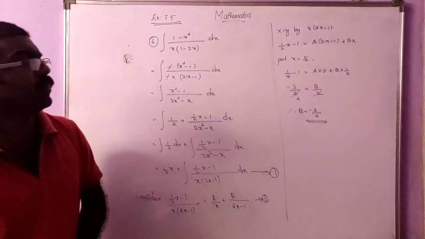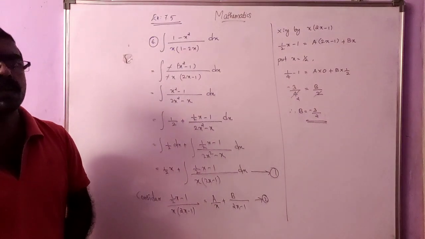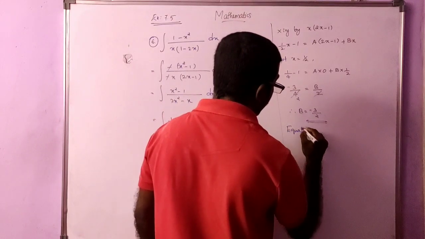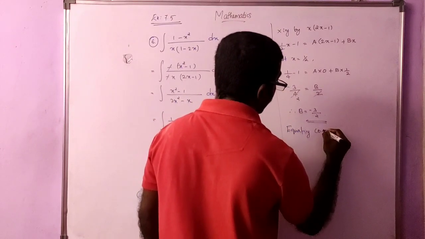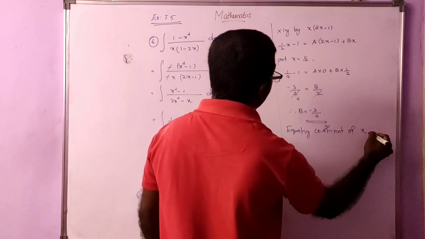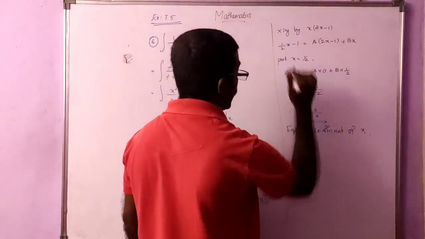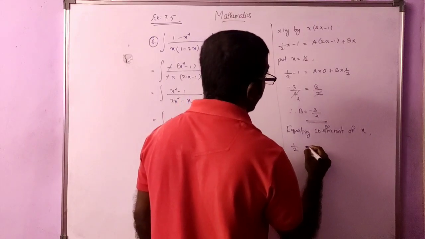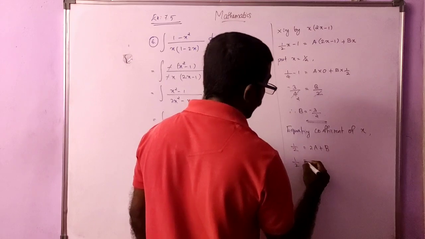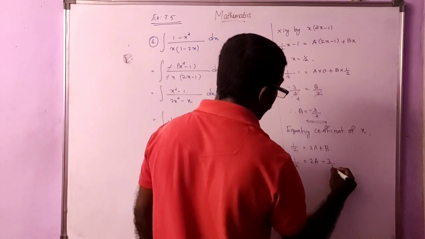And to get the value of a, we can equate coefficient of x. While equating coefficient of x, on the LHS part it is 1 by 2, which is equal to 2a plus b. And we can replace the value of b, 2a minus 3 by 2.